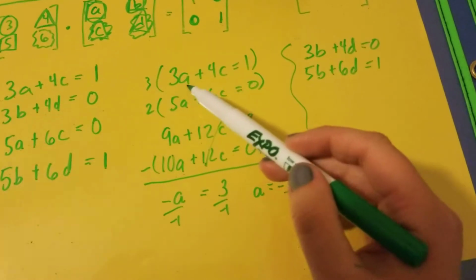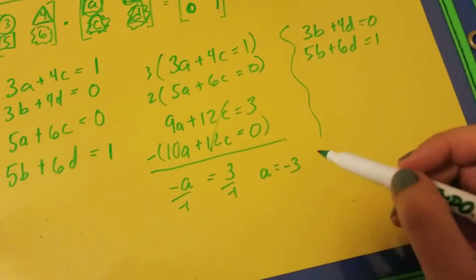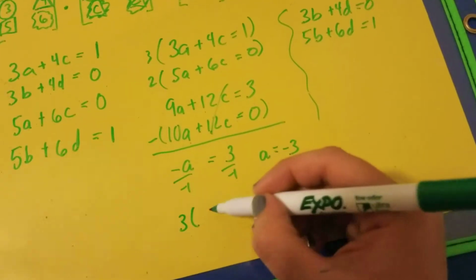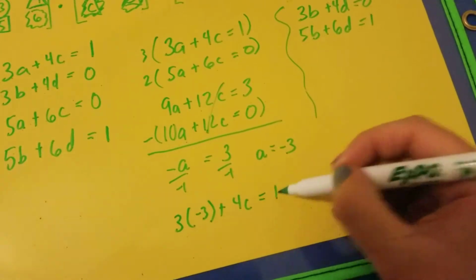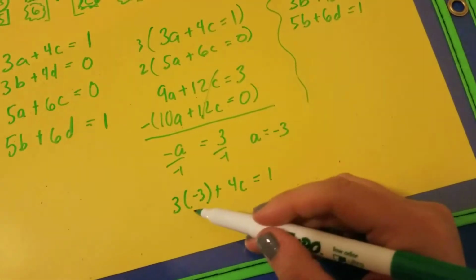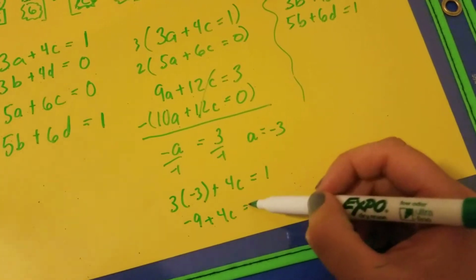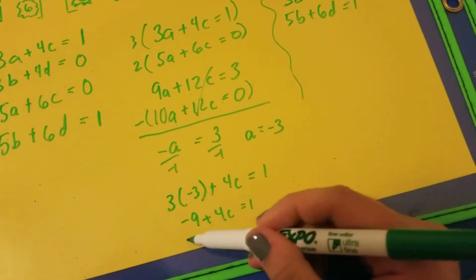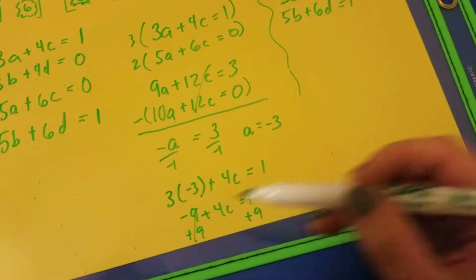So I'm going to get one of the original equations, let's say the first one, and I'm going to substitute that negative 3. So I have 3 times negative 3 plus 4c equals 1. 3 times negative 3 is negative 9, plus 4c equals 1, plus 9, because I have a negative 9, plus 9, these cancel.